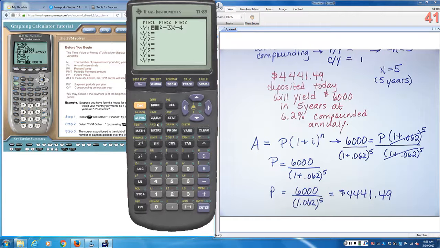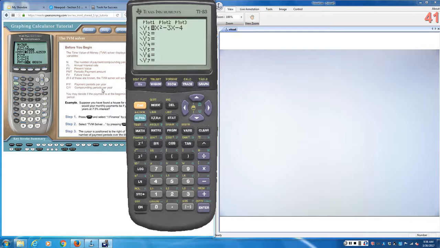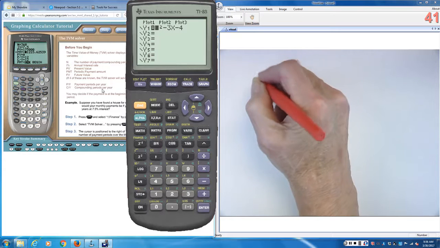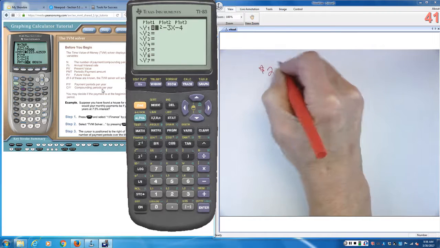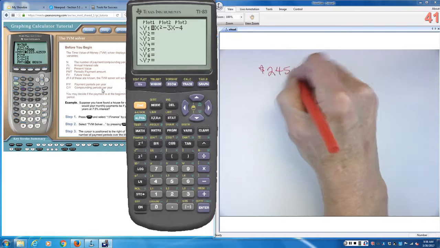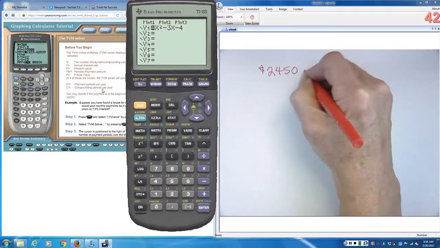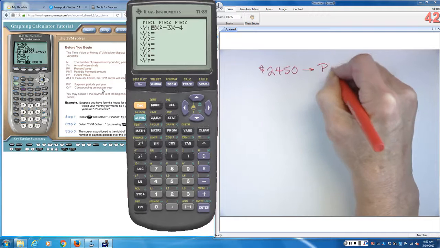And what you're going to do on the graphing part of the calculator is go to your y equals menu and enter the future value formula for this particular problem. I'm going to back up one so I can make notes about what everything is. 2,450 is deposited, so that is the present value.